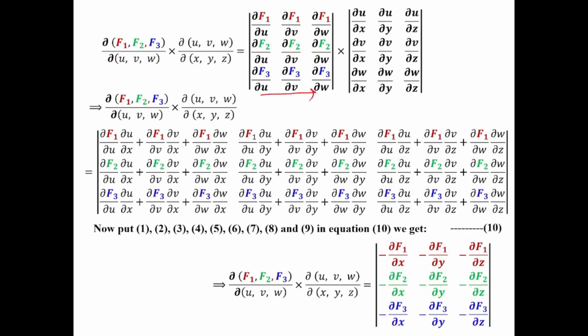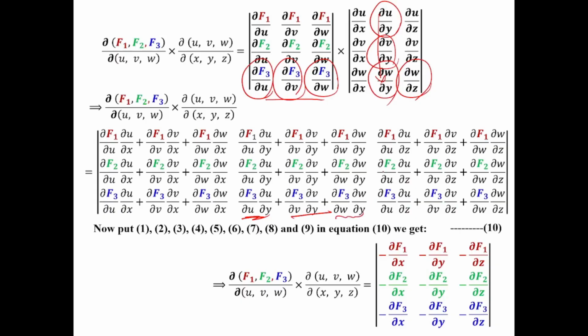Then the third row, first column: del f3 by del u into del u by del x, del f3 by del v into del v by del x, del f3 by del w into del w by del x. Third row, second column: del f3 by del u into del u by del y, del f3 by del v into del v by del y, del f3 by del w into del w by del y, correctly written.